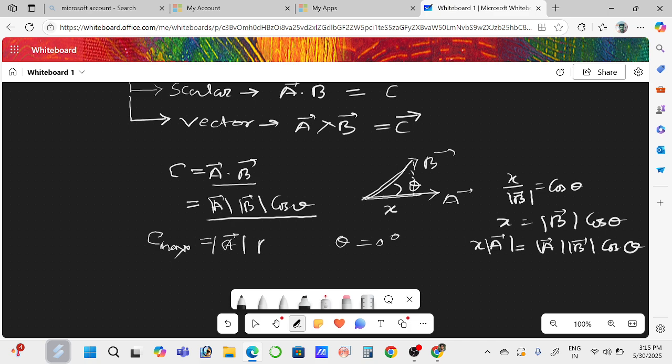So this becomes mod of A times mod of B, and it is minimum when theta is 90 degrees. This becomes 0 because cos 90 is 0.